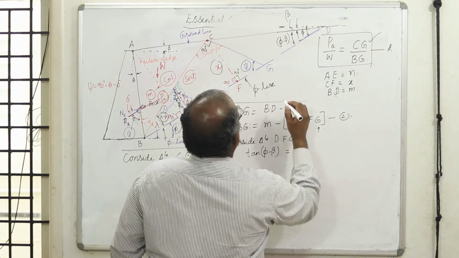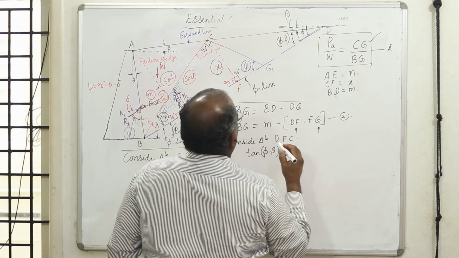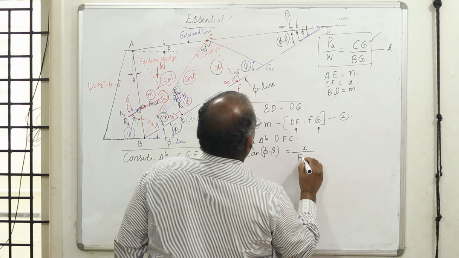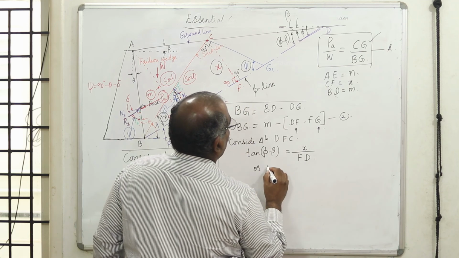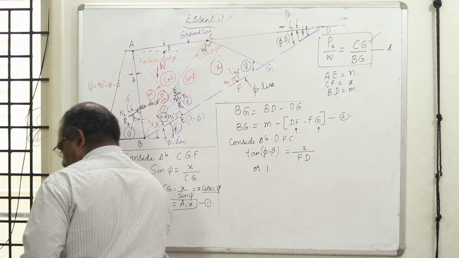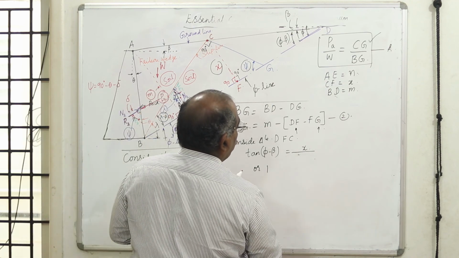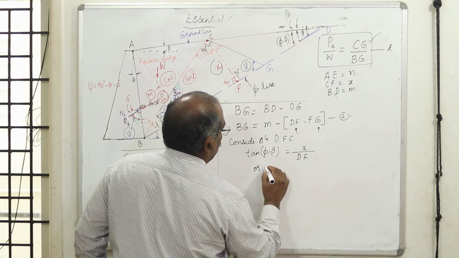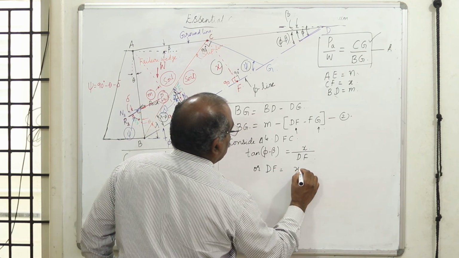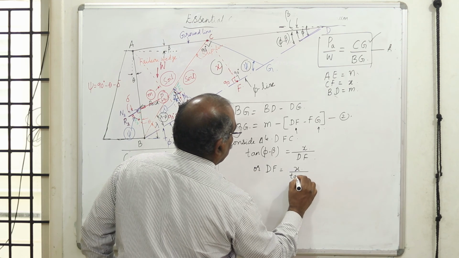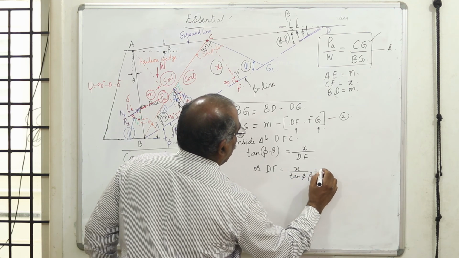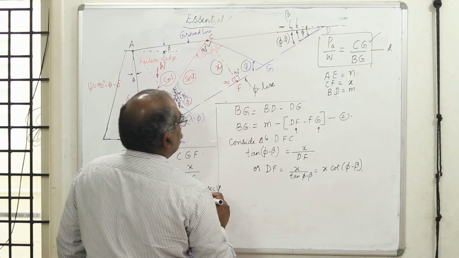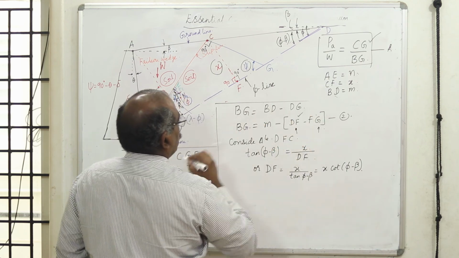Therefore, opposite by adjacent side, that is x divided by FD, or BF, in terms of BF only. So what is DF then? DF is equal to x divided by tan of phi minus beta, which becomes x cot of phi minus beta. So this is done. Now I have to find out FG.